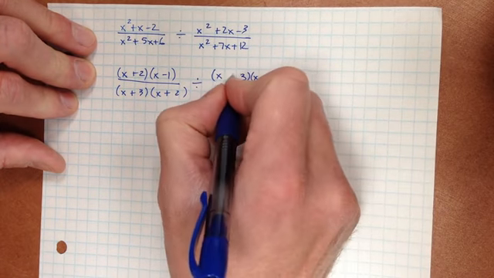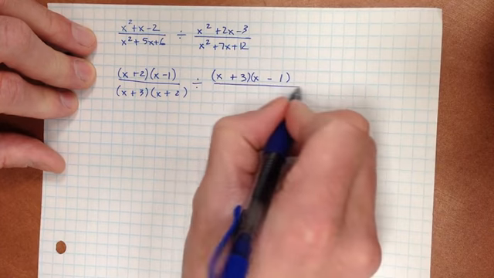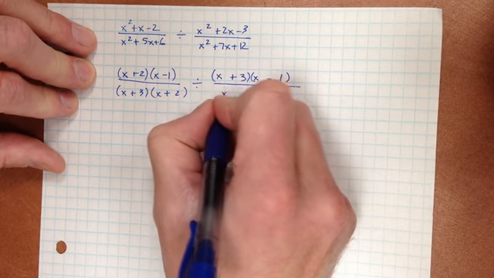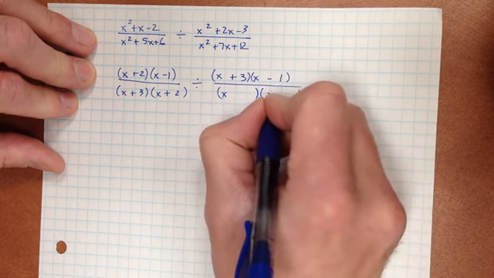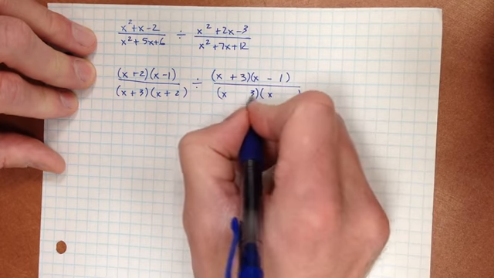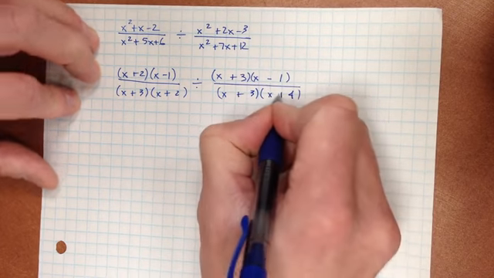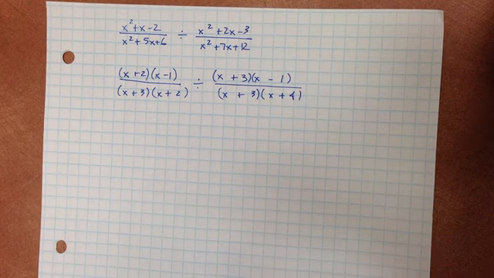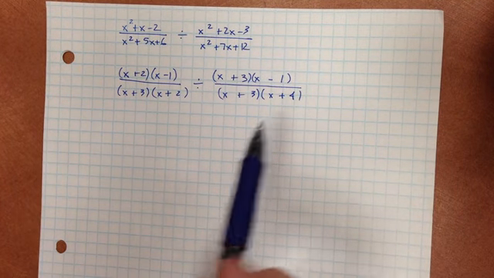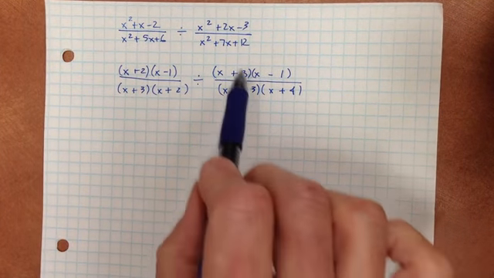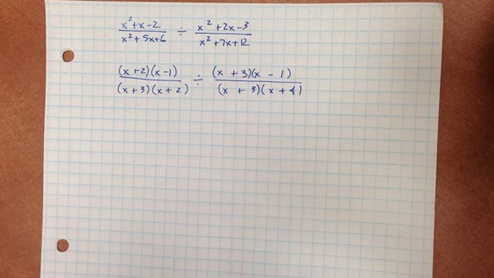This time you have a positive and a negative. So 3 and 4, positive and positive, and then let's take a quick double check at that. Positive x, positive 5x. Good.